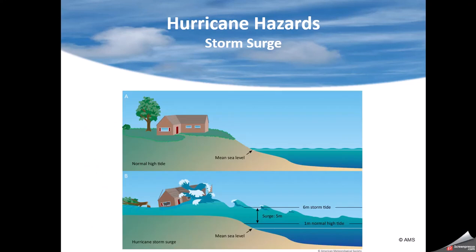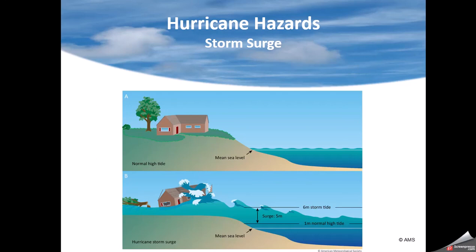I wanted to show you an image here of storm surge. You're going to be talking about it in Sandy, because one of the biggest impacts from Sandy is storm surge. What happens is, think about if you have an east wind blowing into the shore. It's pulling the water from out in the ocean with it.